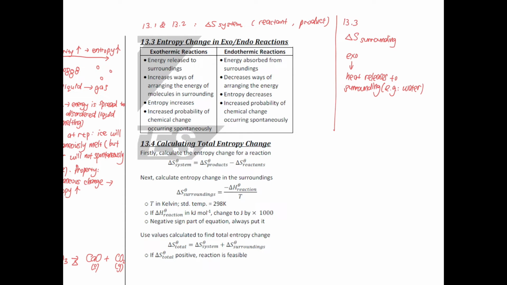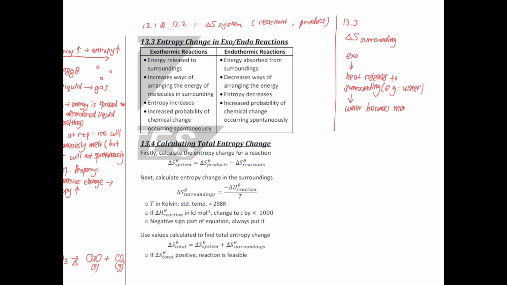Water is the surrounding. Okay, so if you have heat released to the surrounding, which is water, so of course the water becomes disordered. So it receives heat energy, right?